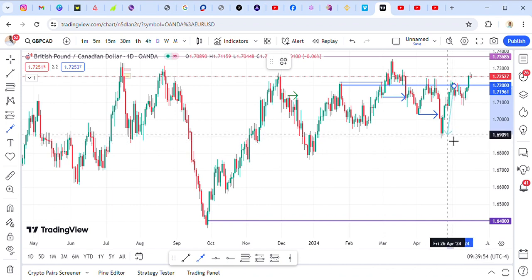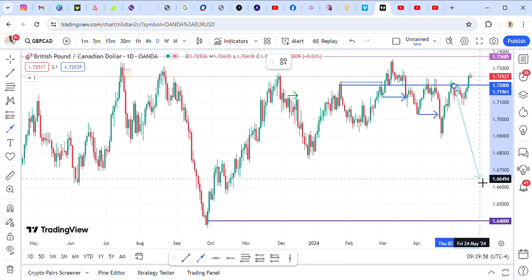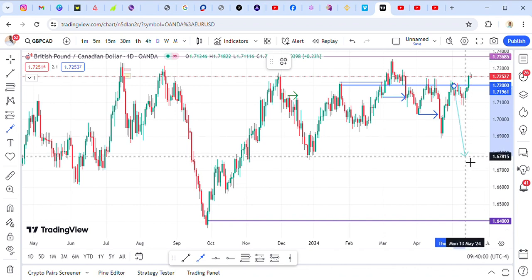At least for me, first take profit will be taken here, and then potentially another take profit here. But it didn't happen that way.